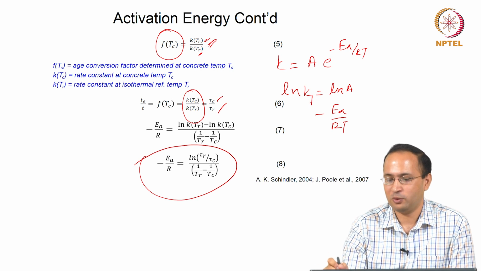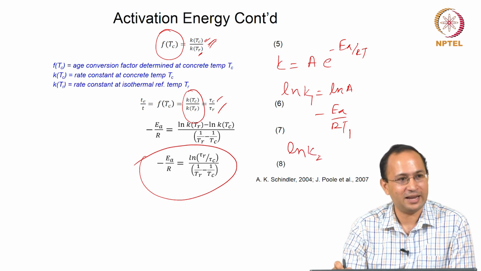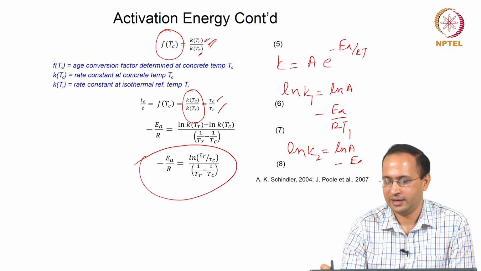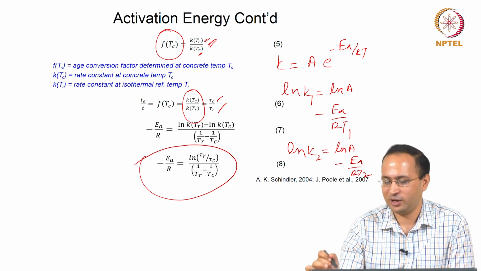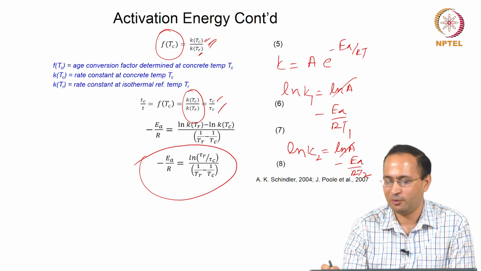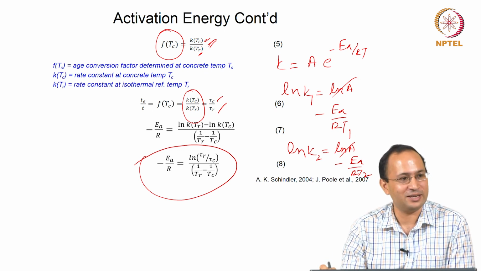So, suppose at one temperature I say K1, T1. Similar thing I can write at a different temperature: ln K2 equals ln A minus EA over R T2, right. Now I can just subtract, for example, we will cancel this out, and you can get a relationship between K1, K2 and your activation energy, right.